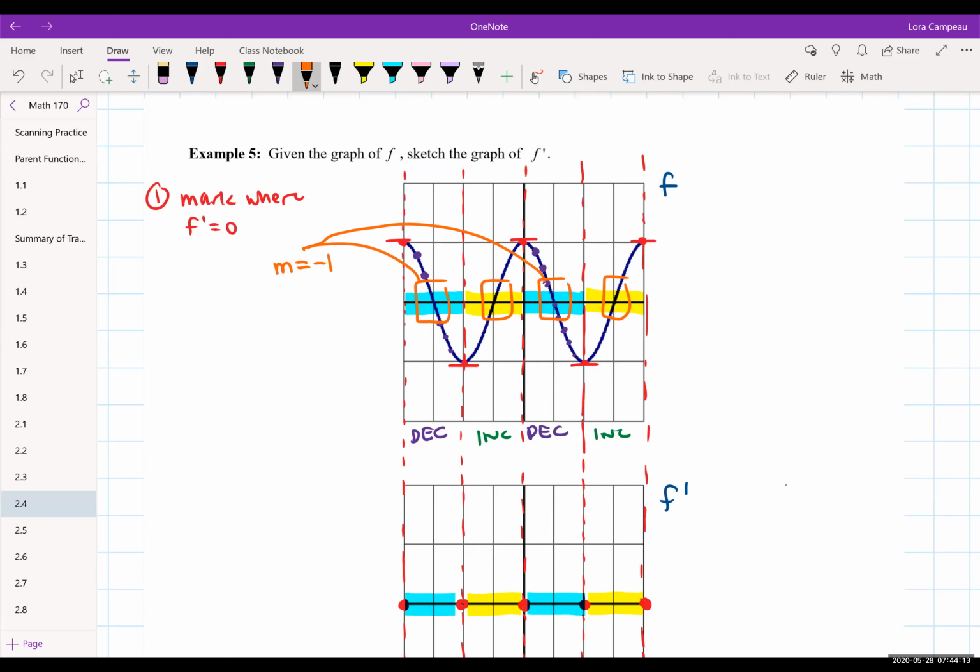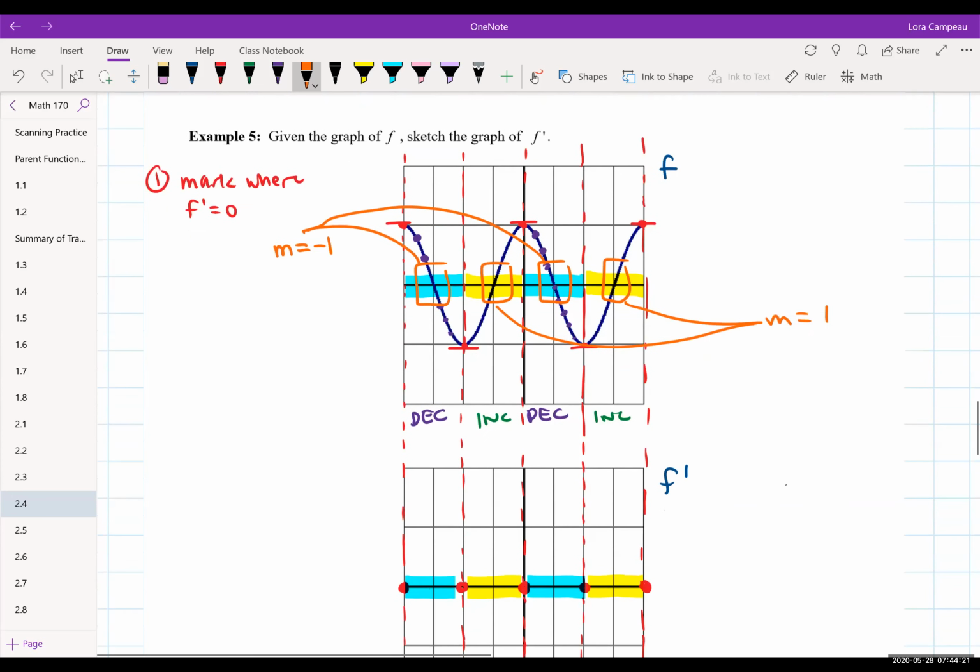And for the yellow regions, the slopes would be positive 1. You have an increasing function, positive derivative.